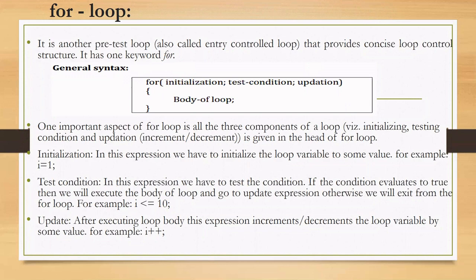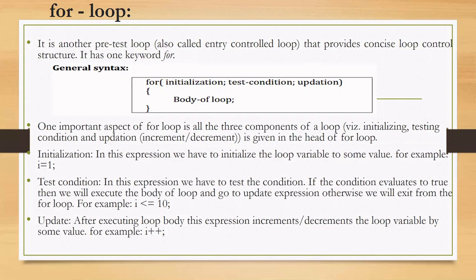In for, there are three components: initialization, test condition, and updation. Once the initialization and condition are true, it goes to the body of the loop. One important aspect of for is that all three components of the loop, initialization, test condition, and updation, are given in the head of the for loop.